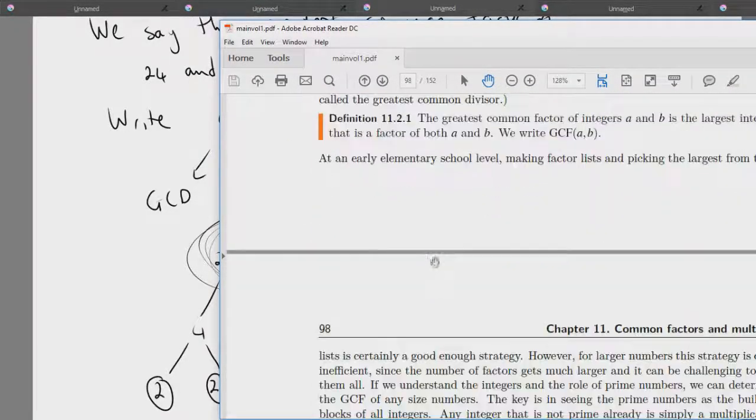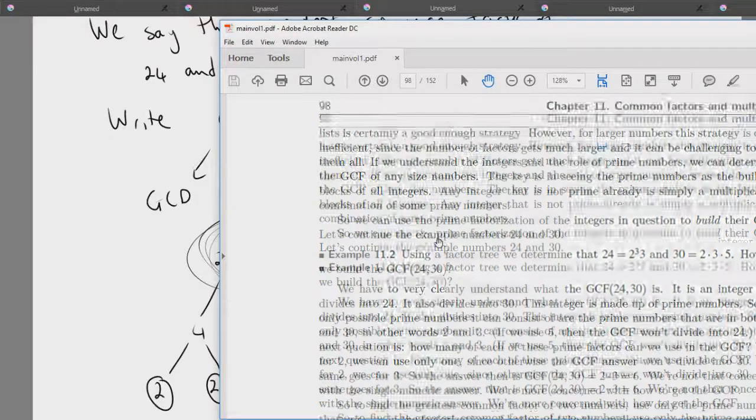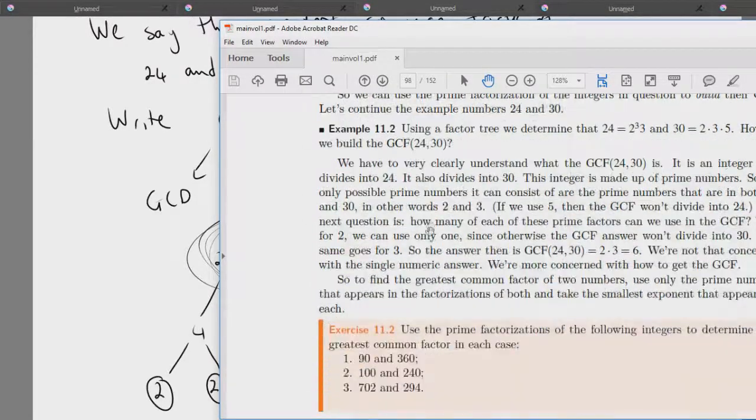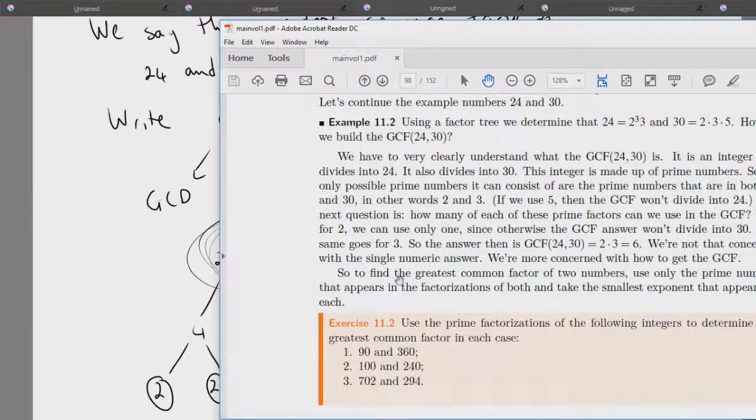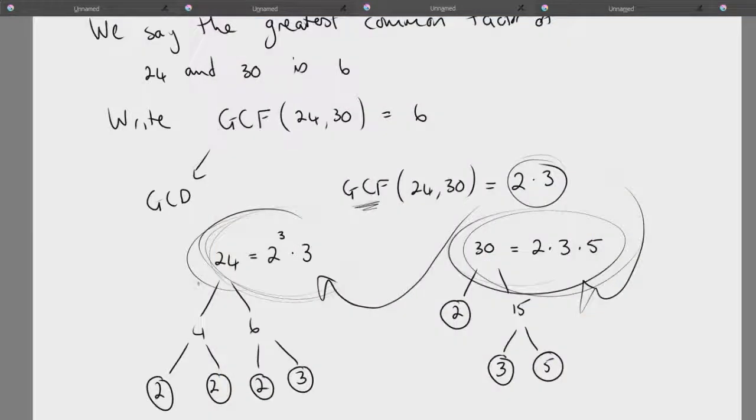Now, let's look at an example. There we go. I'm going to scroll like this. Exercise 11.12. I think I'm on this page. Let me go here. 11.12. 2, sorry, not 12.